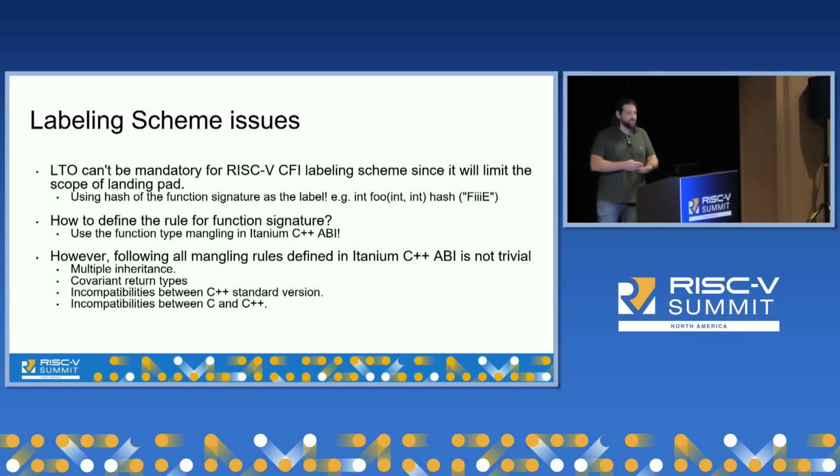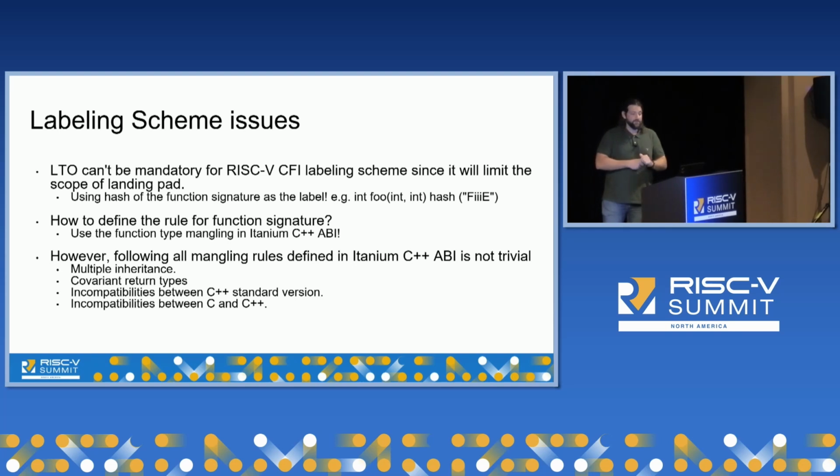A control flow graph would be ideal, but then you need very accurate control flow graph analysis, and the compilation time, especially for big programs, is going to skyrocket. For the first part, we cannot mandate people to use link time optimizations in order to provide a labeling scheme, because this will limit the scope of landing pads.